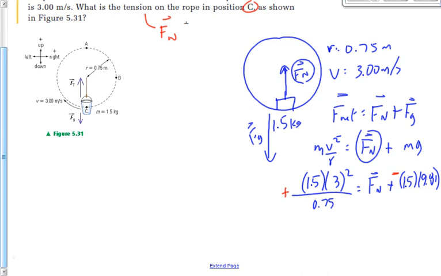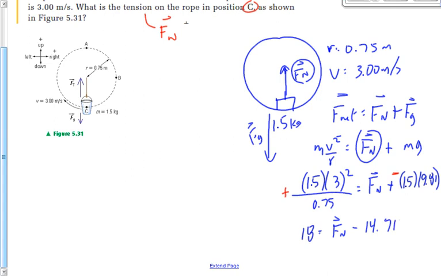Left side, 1.5 times 3 squared divided by 0.75 is going to be 18. Subtract 1.5 times 9.81, which is 14.7715.